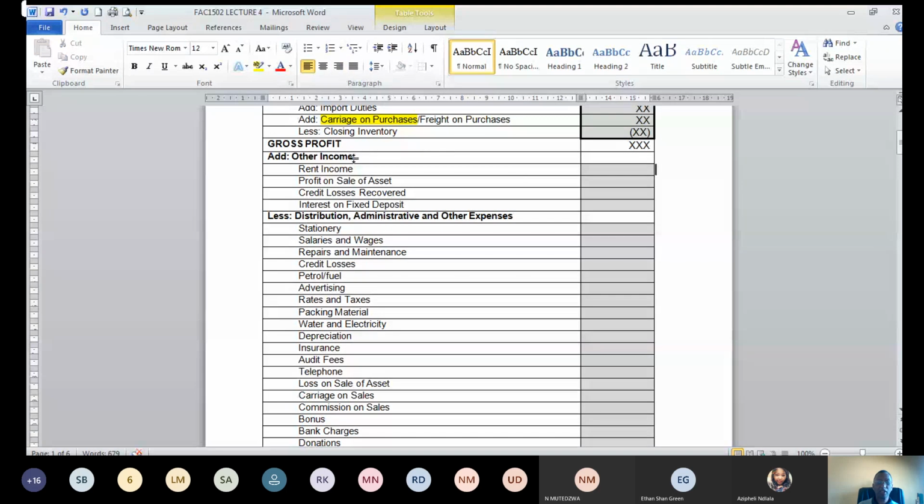So now we are going to take a look at our next heading, called other income. So in your question, from your trial balance, from your list of accounts, you must now look for any other income that you have. So it would be rent income, it can be profit on sale of asset, credit losses recovered, interest on fixed deposit. You list all of these accounts individually.